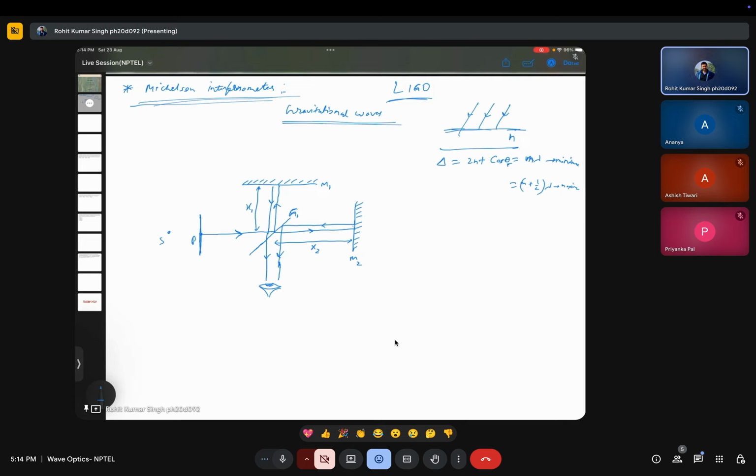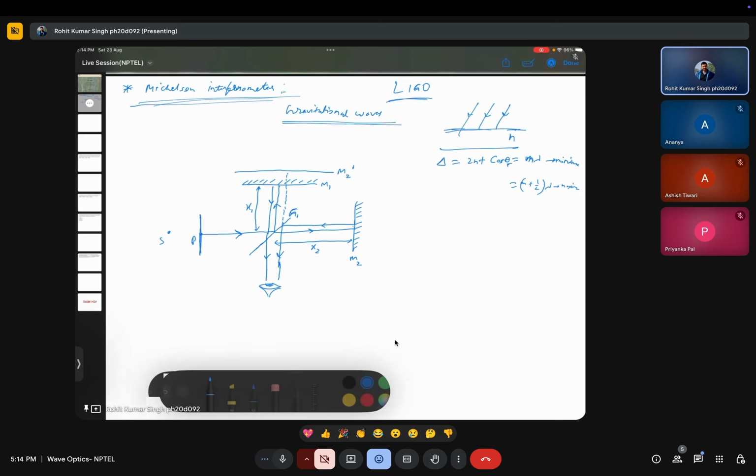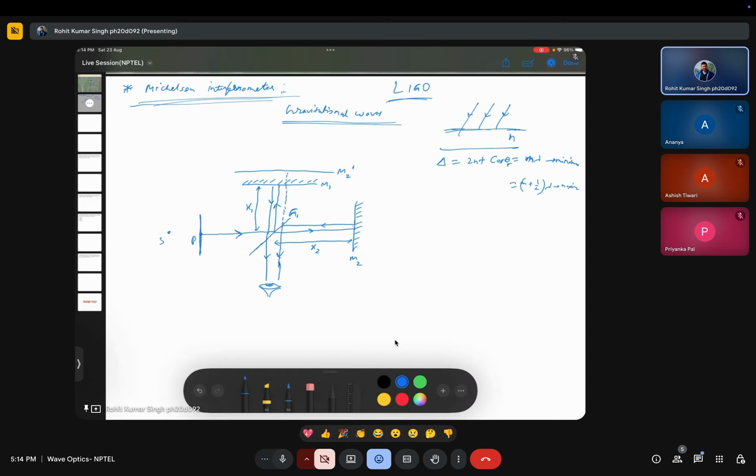The light ray that is getting reflected from M2 will appear to be coming from this place, so let's call it M2 prime. Let's mark it with dashed lines.